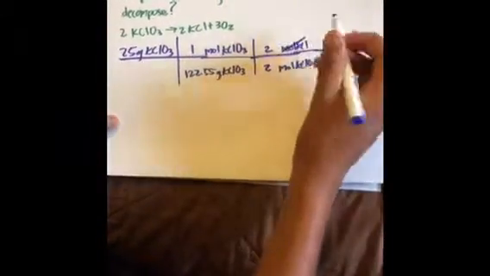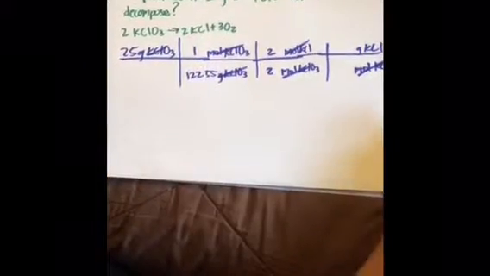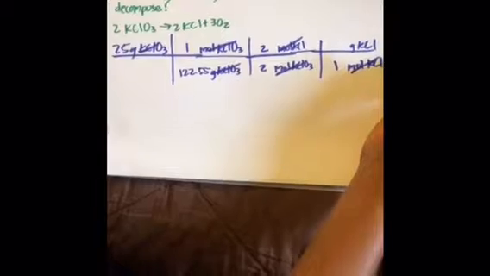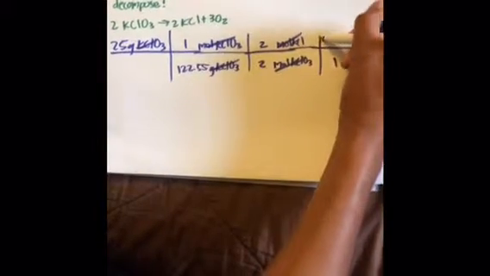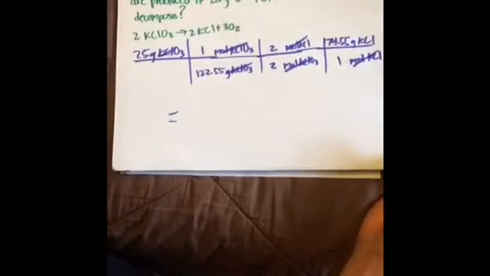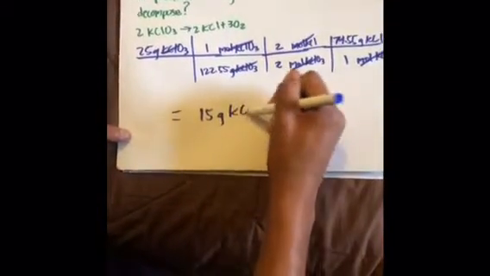So this cancels out with this, and this cancels out with the first one. So for 1 mole of potassium chloride you have 74.55 grams of potassium chloride. Now you multiply everything on top and you divide it by everything on the bottom multiplied together, and you would end up with 15 grams of potassium chloride.